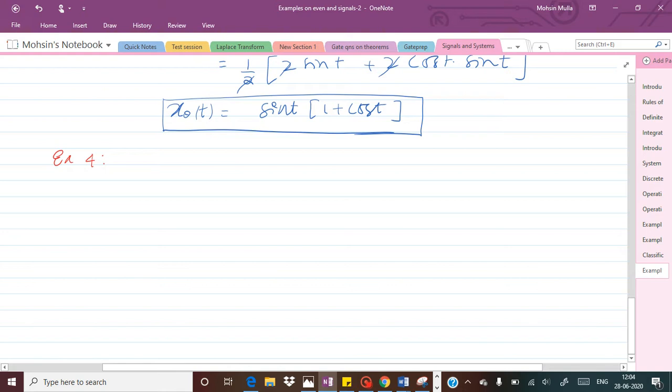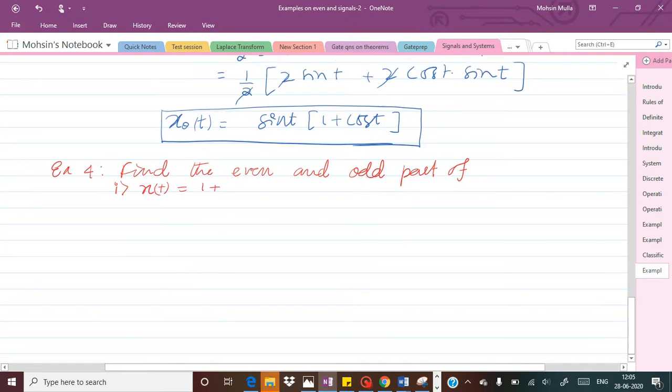Find the even and odd part of the following. The first one is x of t equal to 1 plus t plus 3t square plus 5t cube plus 10 into t raised to 4.